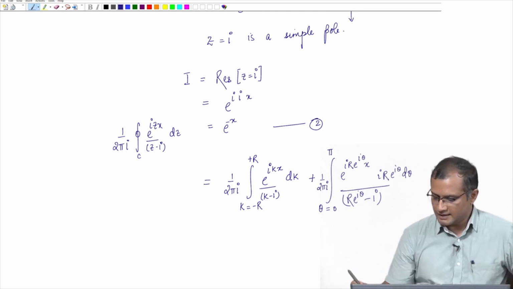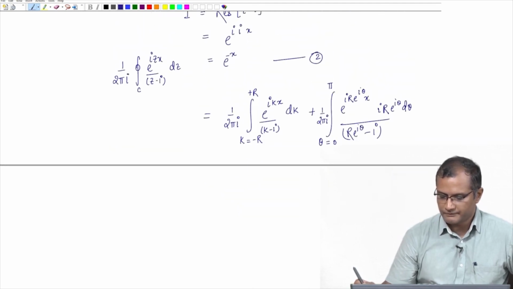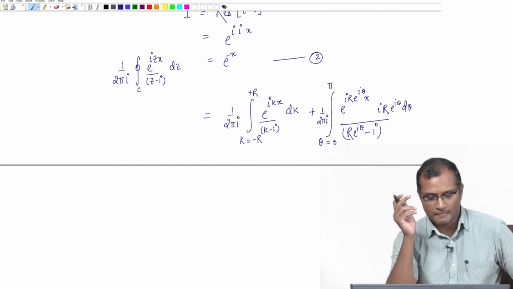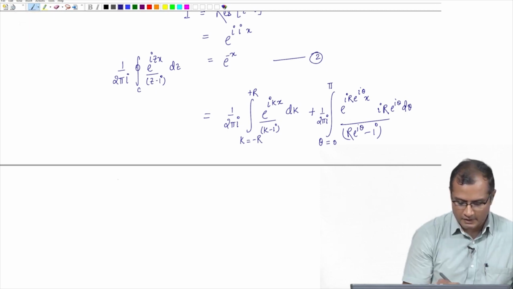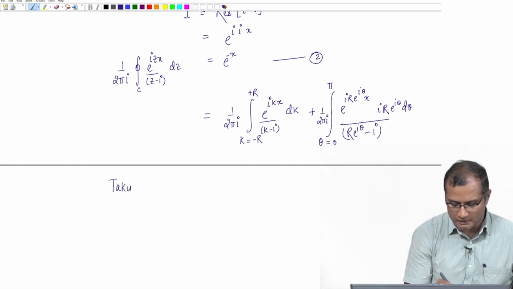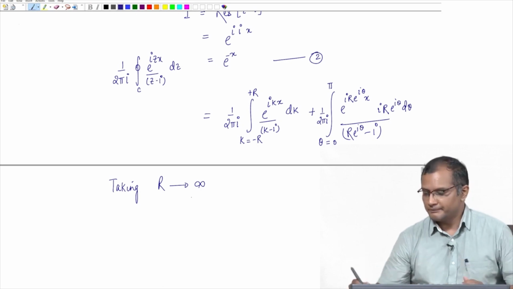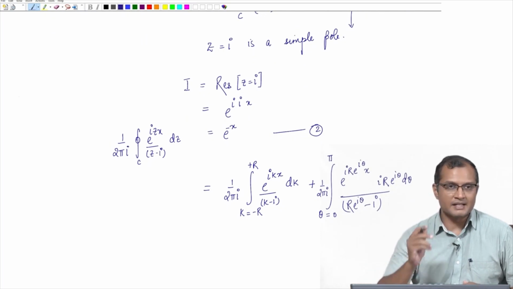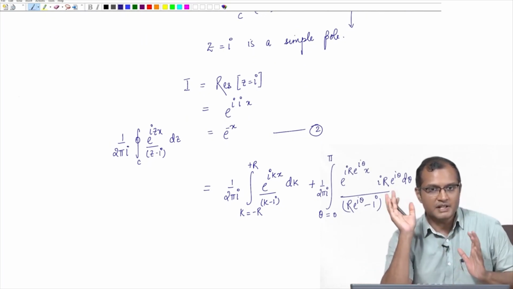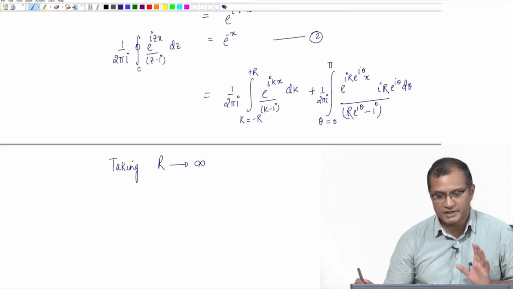So, I can say that if I take R to infinity, two things can be seen. The first observation that I see by taking R to infinity is that my numerator e to the power i z x remains well behaved. In fact, it goes to 0 for positive values of x.